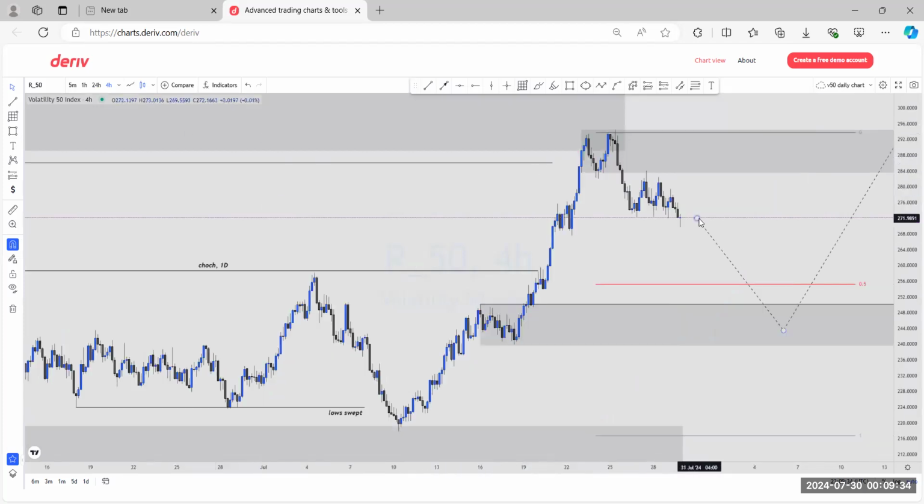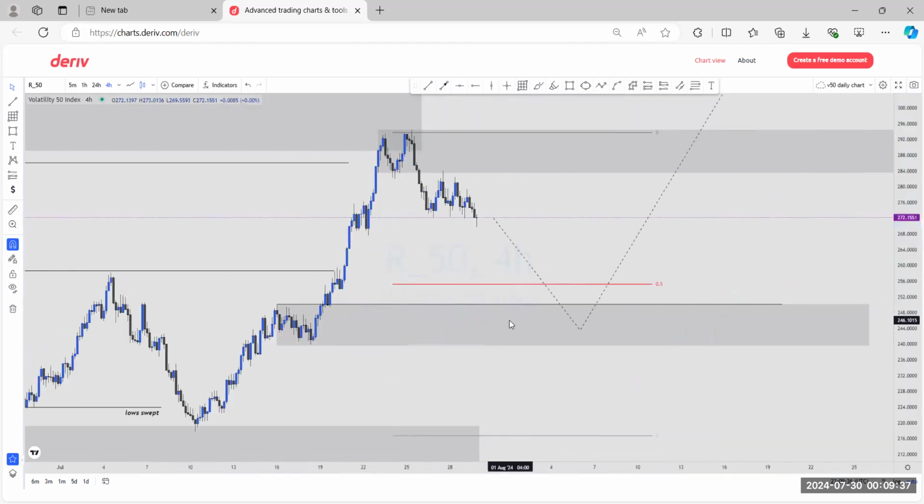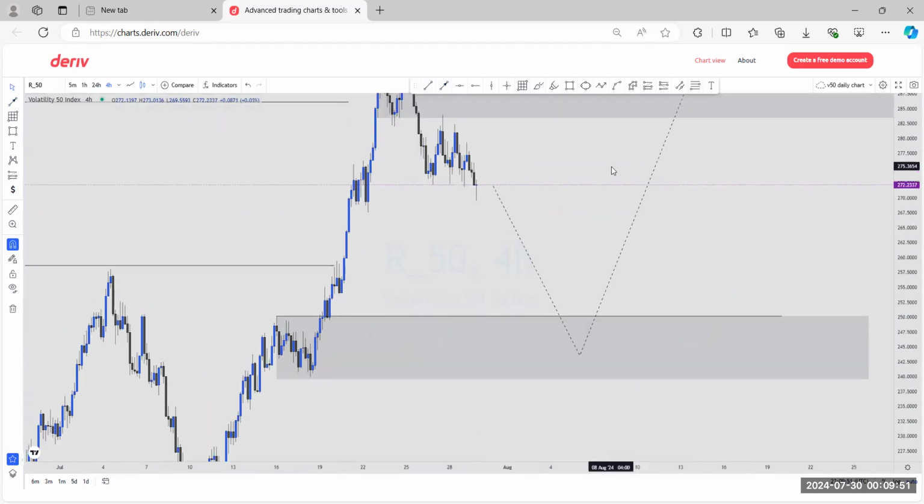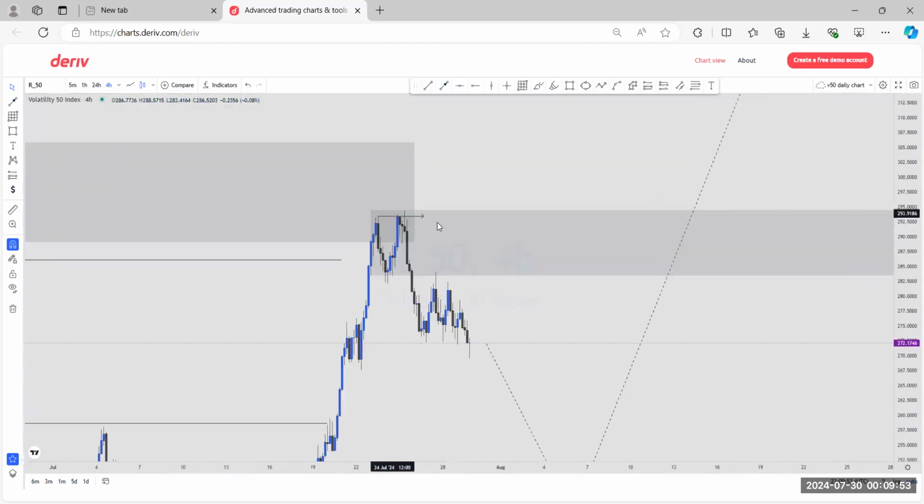So we have this, like I said, let me delete this. We have price sweep this side. It doesn't look very obvious, but there was a sweep there. And after sweeping that high, we had a market structure shift to the downside.